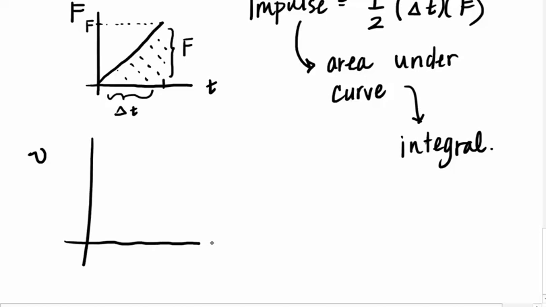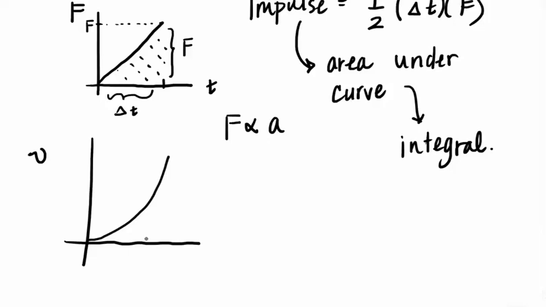If the force is increasing, then, so force is proportional to the acceleration. So how should my graph look? Oh yeah, it's going to be like a curve. Doesn't the slope of the velocity time graph give us acceleration? So if our force is increasing, our acceleration is increasing, therefore the slope of the line at any point is increasing.